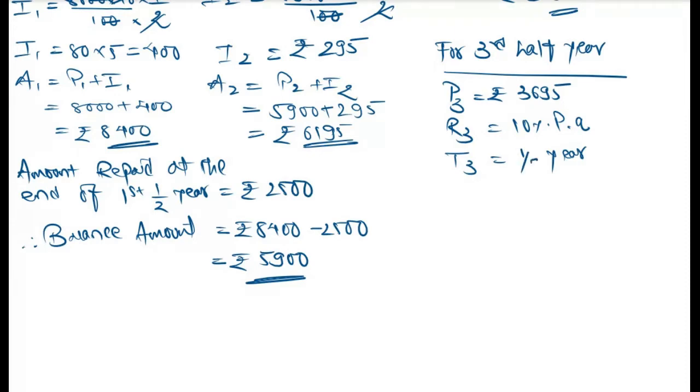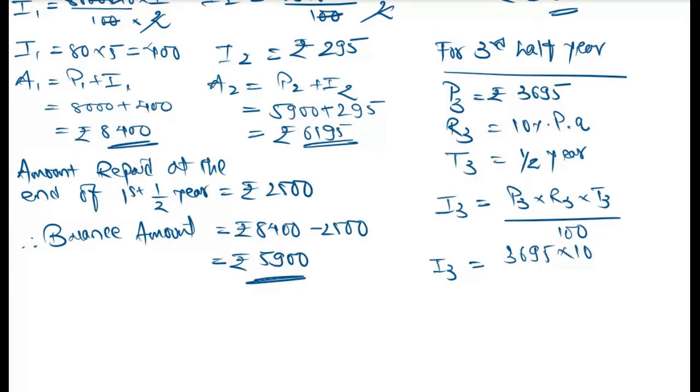T3 is half year. What will be I3? I3 is P3 into R3 into T3 upon 100, which is 3695 into 10 into half upon 100.